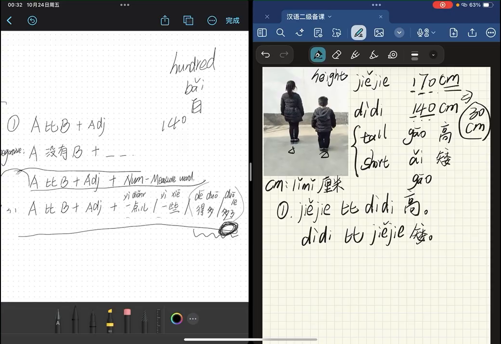I got the specific difference, so I can compare the height more specifically.